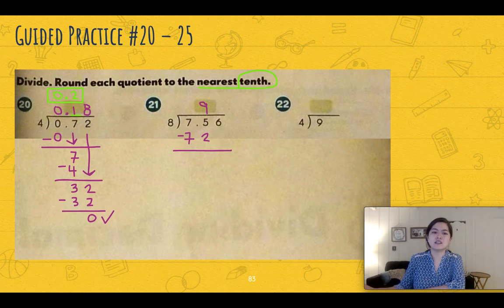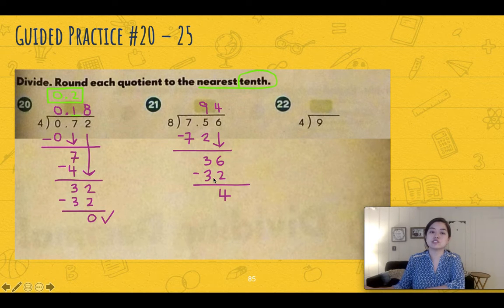That's 9. So 75 minus 72 is 3, and then I'm going to drop the 6. 8 times what gets close to 36? That's 4. 8 times 4 is 32, minus 32, then I get 4. I'm going to add a trailing 0, drop that trailing 0. 8 times what gets you 40? It's 5.